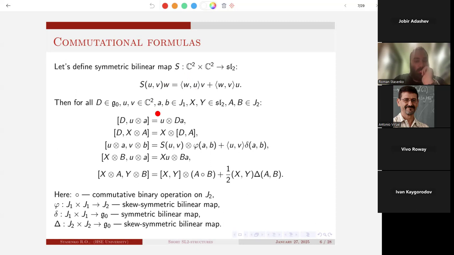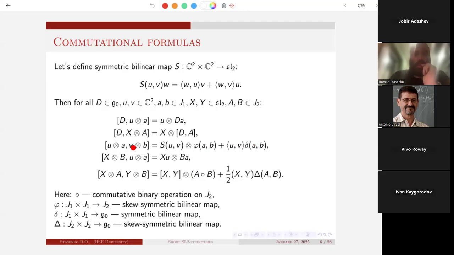And here we can write the computational formulas using the commutator relations that you can see on the previous slide. If you look at this list of formulas, you can find that all of them are defined, but we don't yet say anything about the bilinear maps phi and delta.